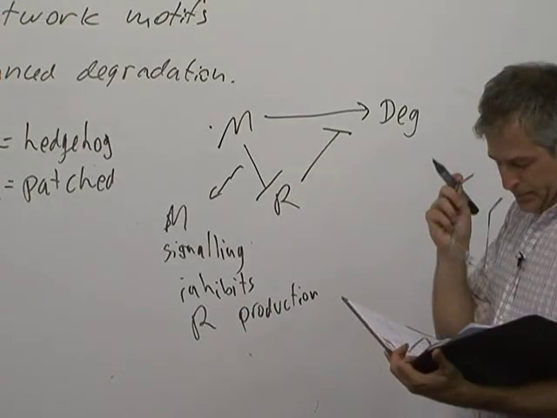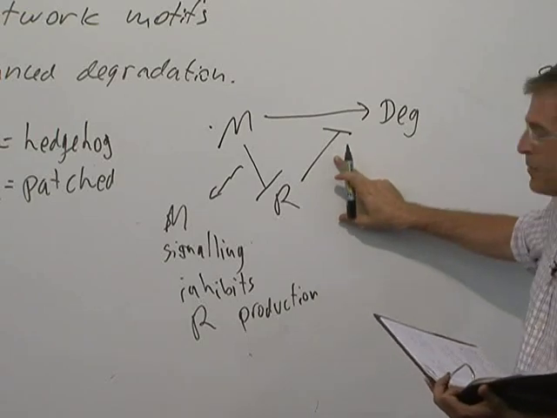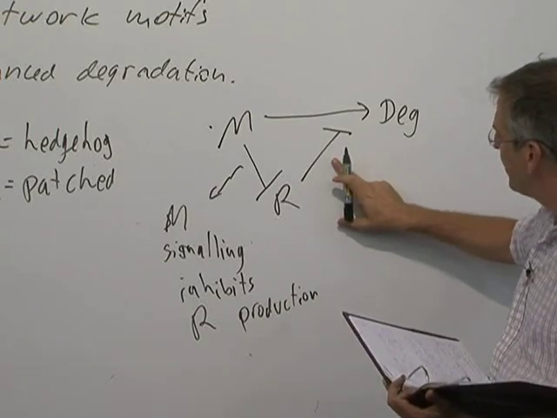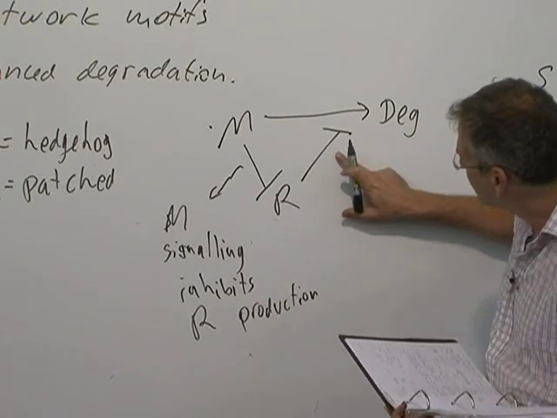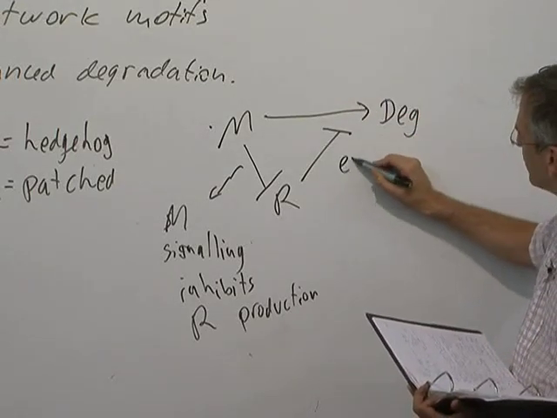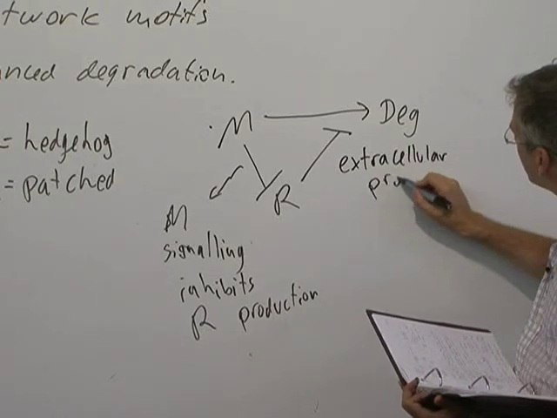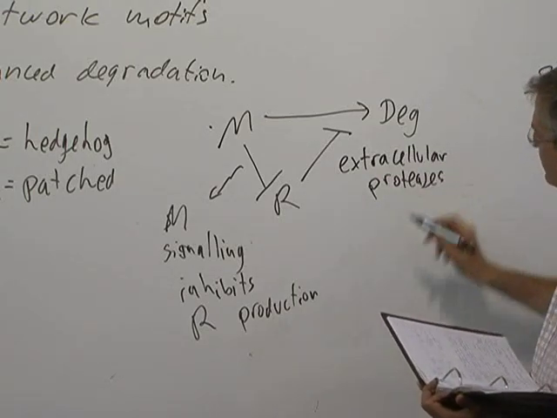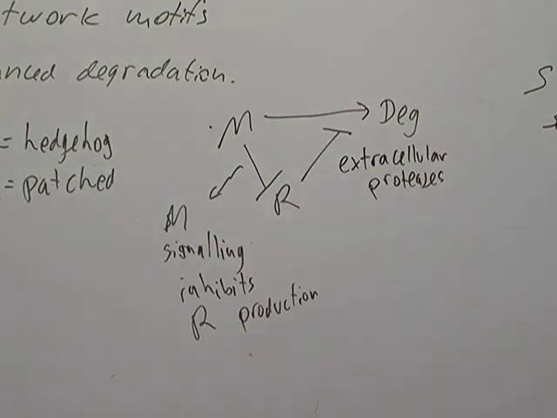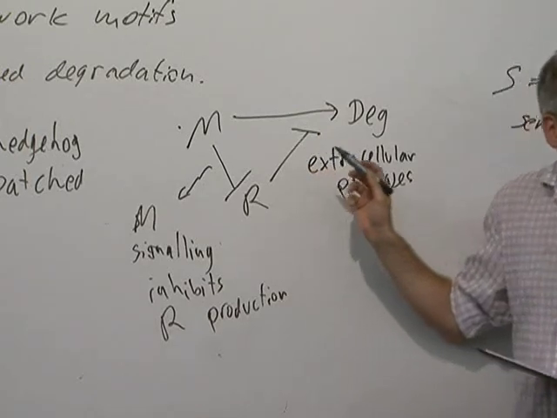And the receptor interacts with the morphogen to make it degraded by means of extracellular proteases. Instead of a double positive loop, this is a double negative loop.